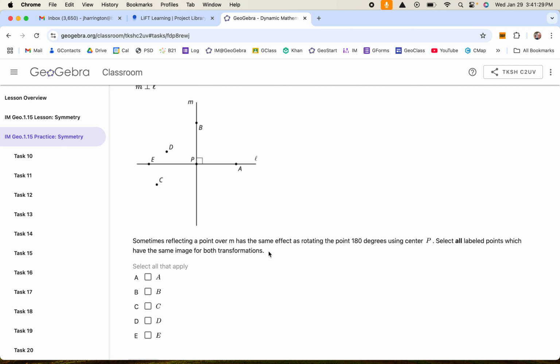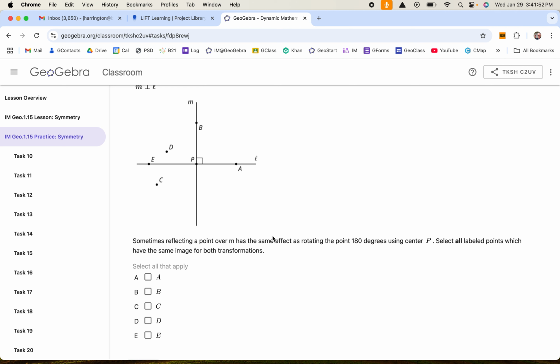In other words, if I reflect a point across line M, whatever point I choose, will it land in the same place as if I rotated that original point around point P by 180 degrees?